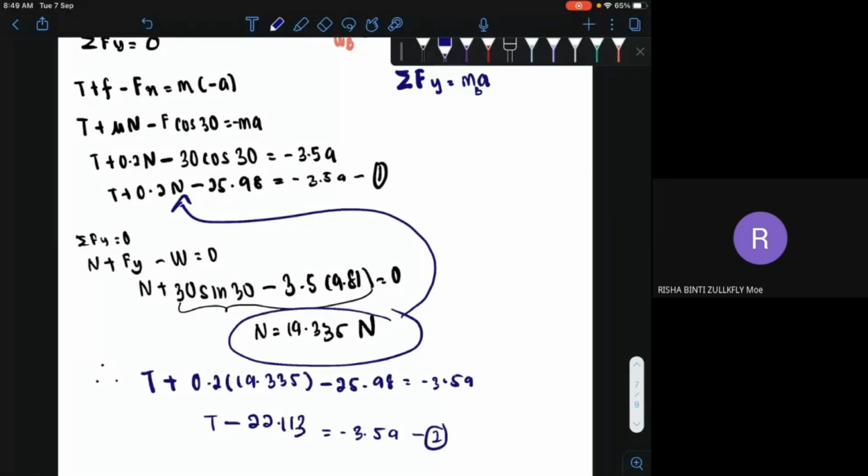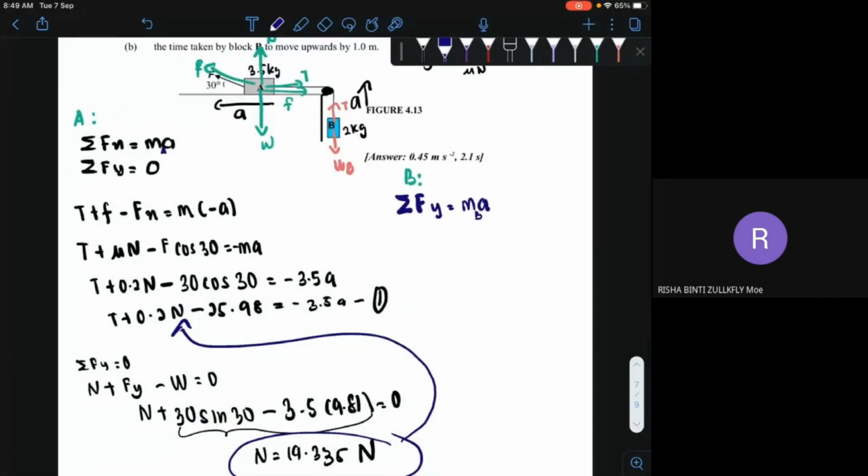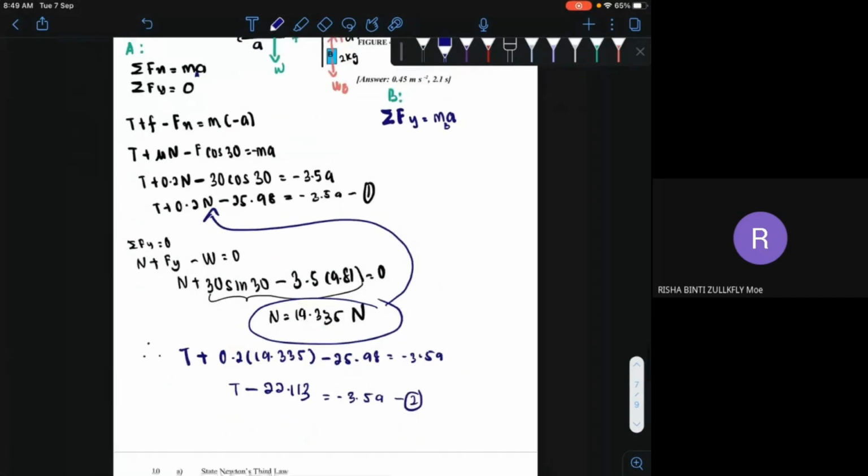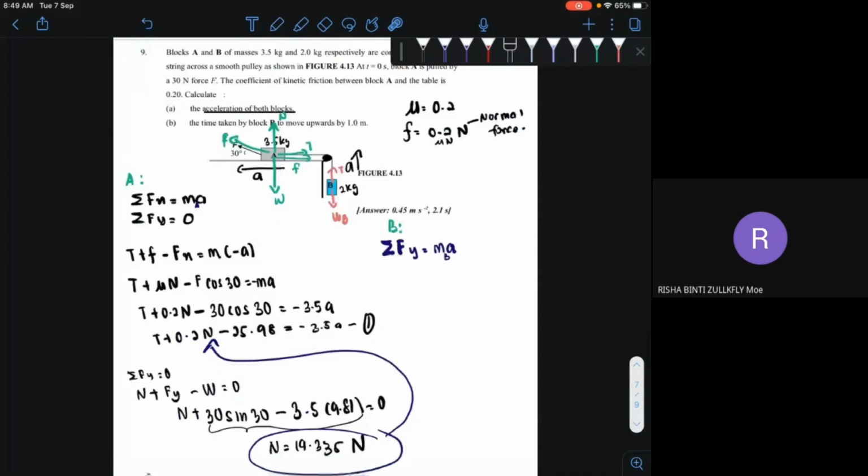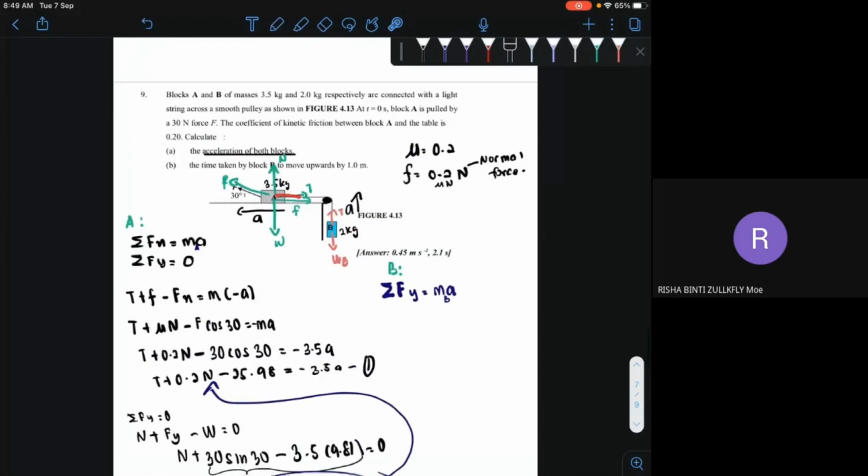So sekarang disebabkan we are looking for the acceleration and also tension is an unknown here. So you can see the tension experienced by object A is the same as the tension experienced by object B. So kita masuklah equation untuk objek B dekat sini.